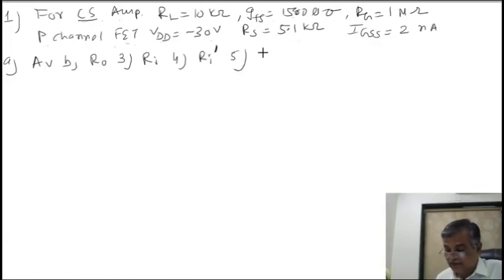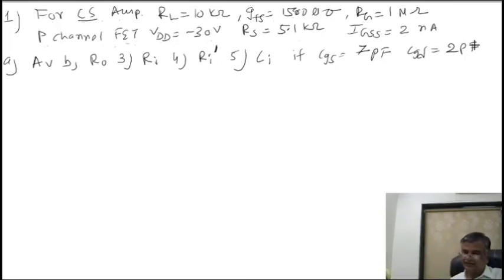Fifth, find the value of input capacitance if CGS is 7 pF and CGD is 2 pF. Let us calculate. Now the answer.